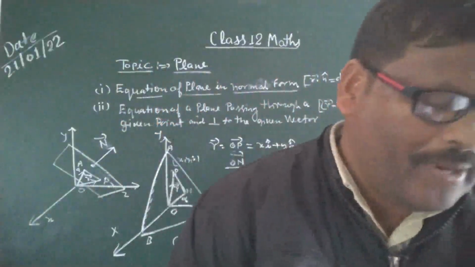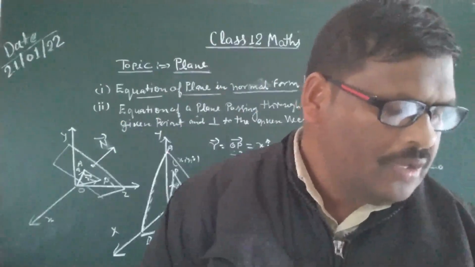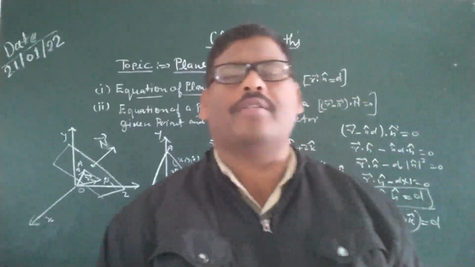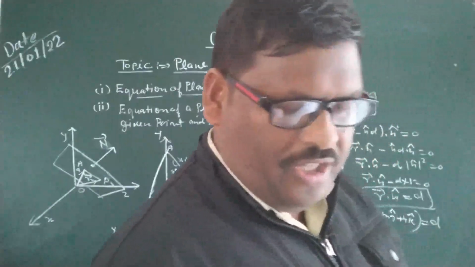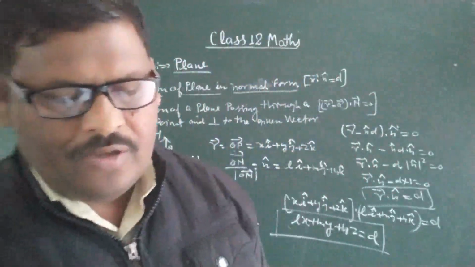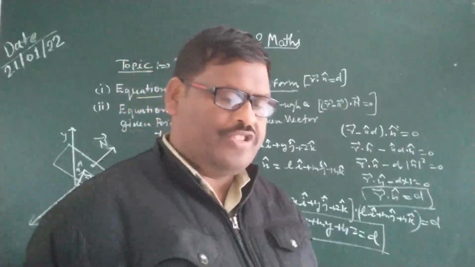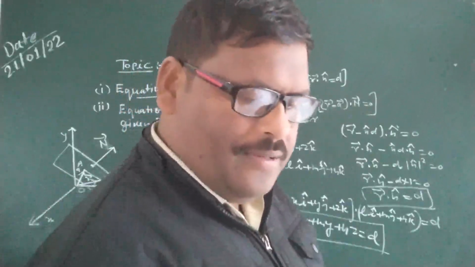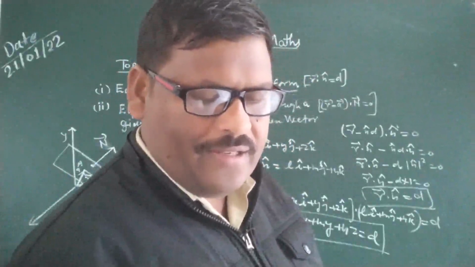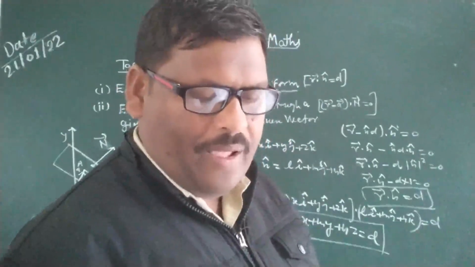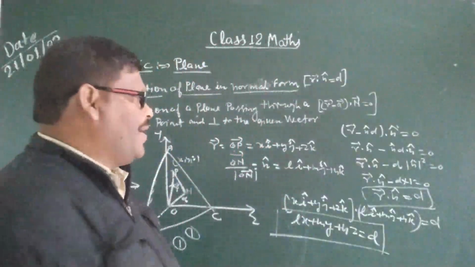Now, pay attention. Example 13, which corresponds to this article as question number 13: find the vector equation of the plane which is at a distance of 6 by under root 29 from the origin, that is small d, and its normal vector from the origin is given as 2i cap minus 3j cap plus 4k cap, that is vector n.